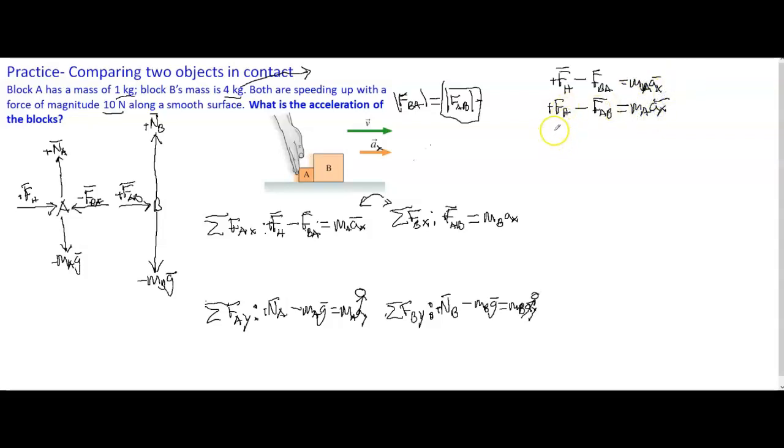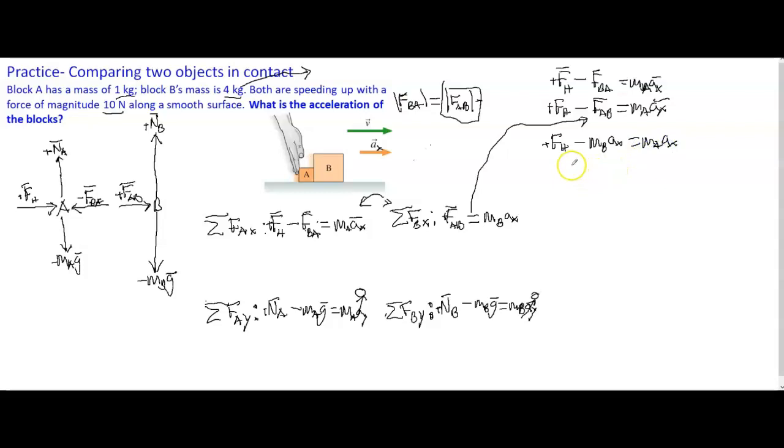Okay? And since we're here, this can be substituted in right there. So the hand force is now pushing block B times its acceleration to the right.